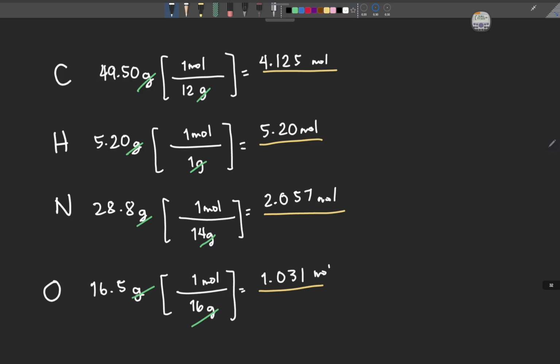So this one is mole, divide by 1.031 because this is the lowest. Okay, so this one will be approximately 1, actually equal to 1. This one is 4, this one is 5, this one is 2.